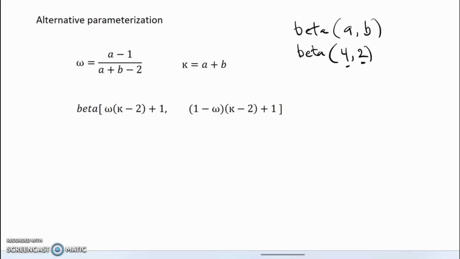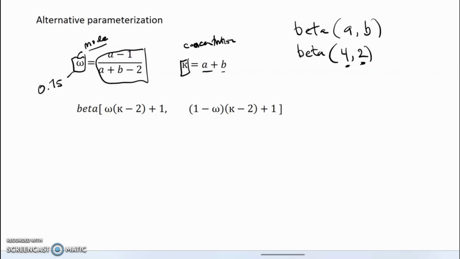And the alternative parameterization is going to have omega, which is the mode of the beta distribution, and that's going to be calculated by the formula shown here. If we substitute 4 and 2 for A and B, then this thing turns out to be 0.75. In the case of kappa, that can be referred to as concentration. It's just the sum of A and B. So in this instance, using these values, we would get 6.